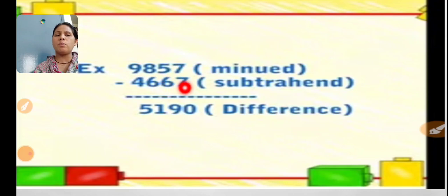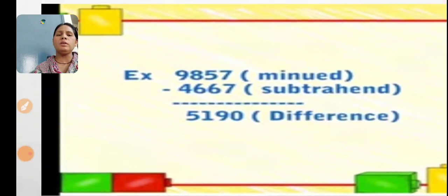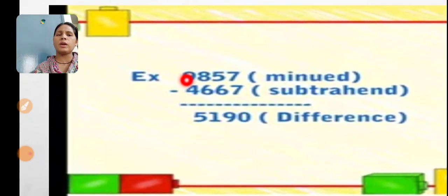That is why this number is called subtrahend. And after subtracting both the numbers, we get this answer, and the answer which we get as a result of subtraction is called difference.